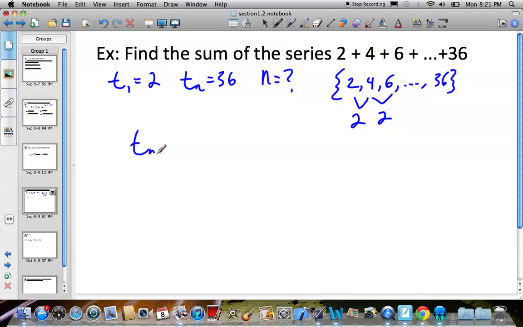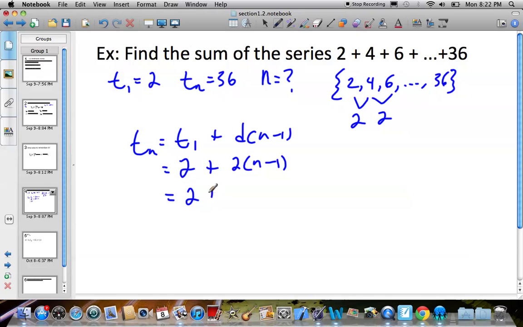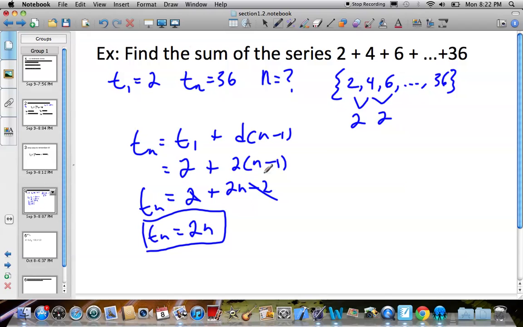So t of n is equal to t1 plus d times (n minus 1). t1 is 2, and d is also 2. We're going to distribute through here, so we have 2 plus 2n minus 2. So we got t of n, and these guys cancel out, so t of n is equal to 2n. So there's my general term for that sequence.